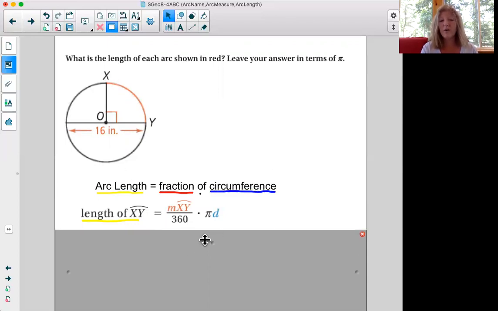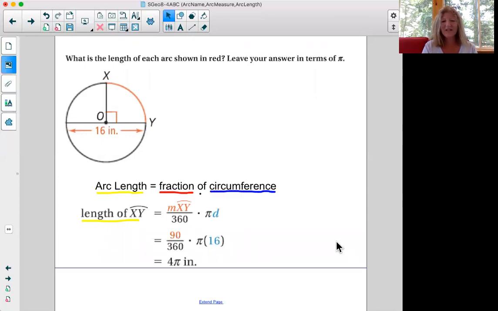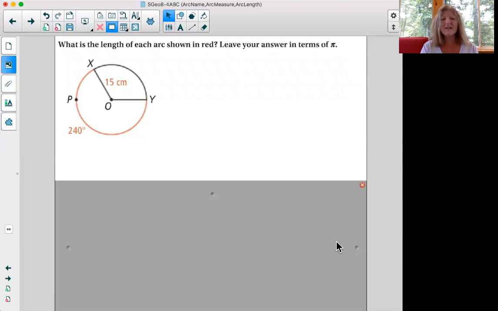Well, we know it's 2 pi r, or d pi, pi d. So here it is. And so we can now take the fraction of the circumference and get our final answer. So pause, try on your own paper, and then press play for the solution.